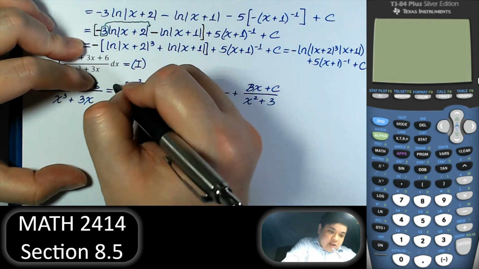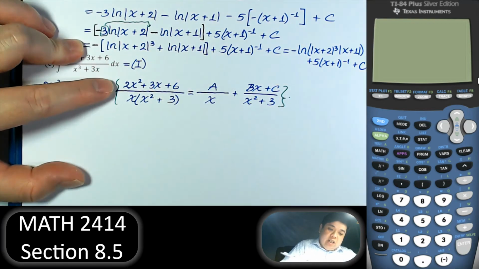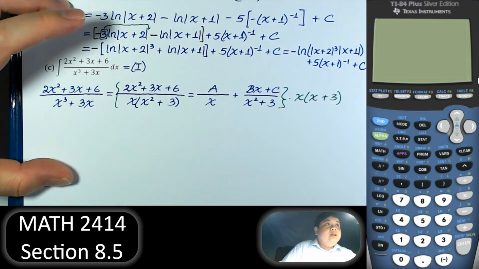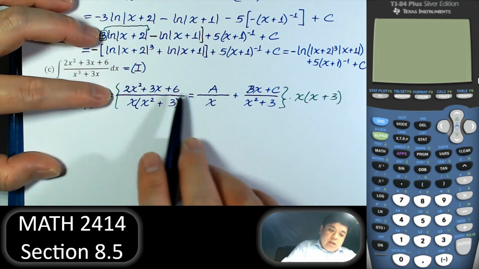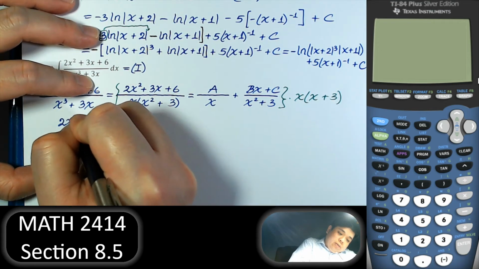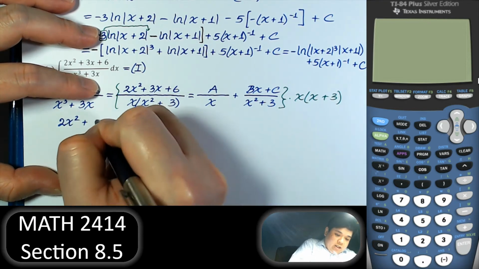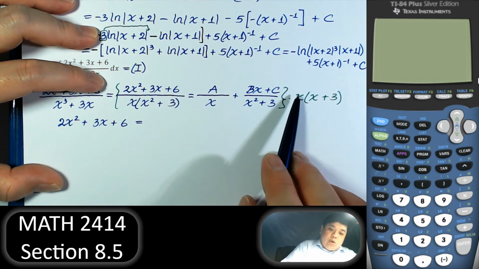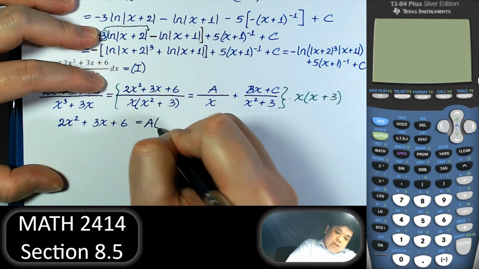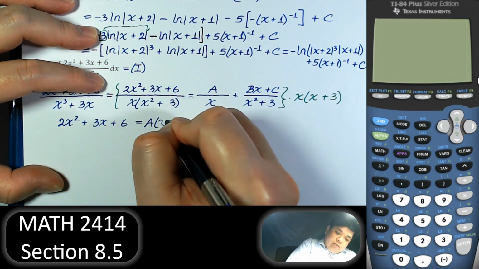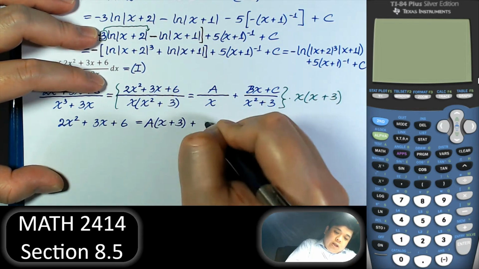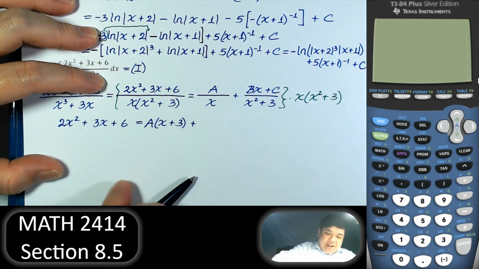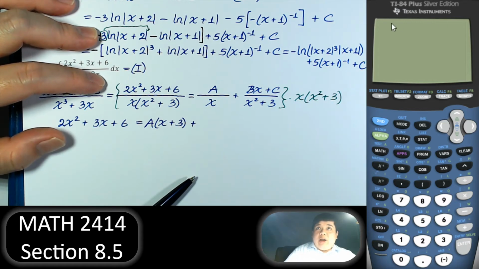Right, multiply top and bottom by the least common denominator, x times x squared plus 3. Multiply it out: x squared plus 3x plus 6, just the top, equal to A. The x and x cancel out, and then x squared plus 3 and x squared plus 3 cancel out.